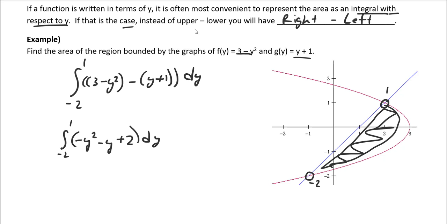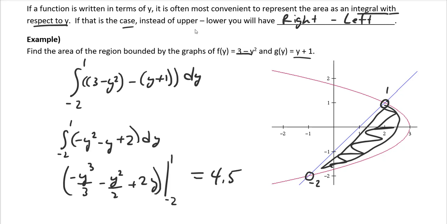When you integrate this, again, you're going to get negative y to the 3 over 3 minus y squared over 2 plus 2y from -2 to 1. It's pretty simple. And then you are just going to plug it in like normal, right? You're going to get 4.5. Okay, 4.5. Now, I'm going to go ahead and delete all of this garbage here.